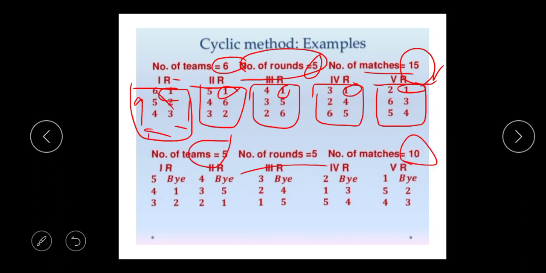We calculate 5 times (5 minus 1) upon 2. 5 minus 1 is 4. 4 fives are 20. 20 upon 2. 2 tens are 20. The result is 10 matches. How many matches? 10 matches.